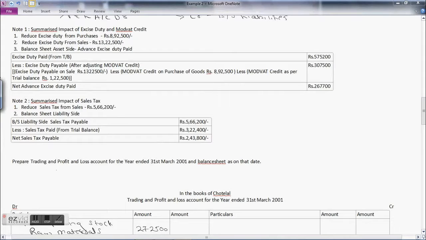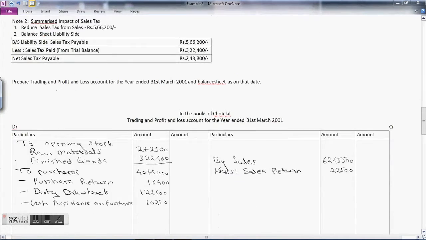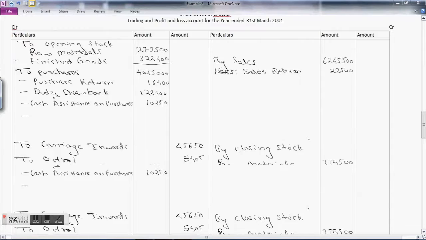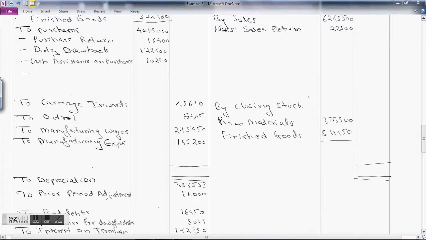Okay, now we'll see note 1 and note 2. So summarized impact of excise duty and MODVAT credit. Reduce excise duty from purchases 8,92,500. So we will reduce that excise duty, that is MODVAT credit, from purchases, 8,92,500. So purchases less excise duty MODVAT credit, 8,92,500.